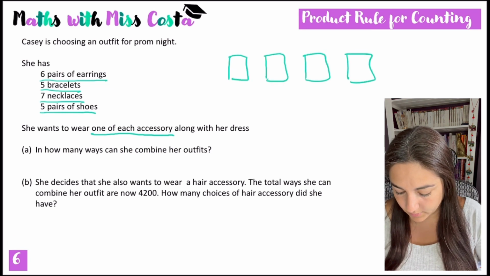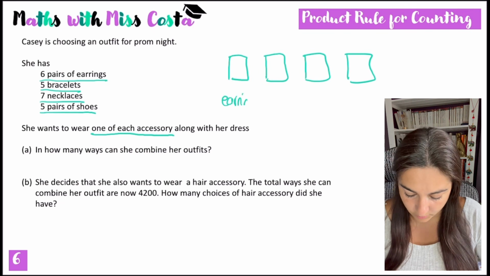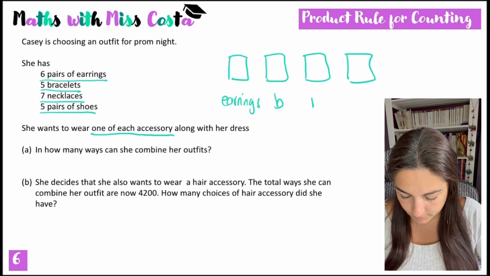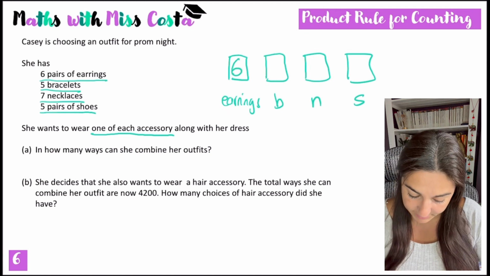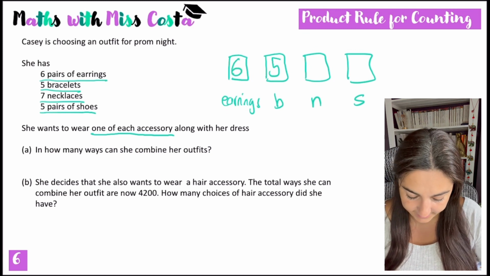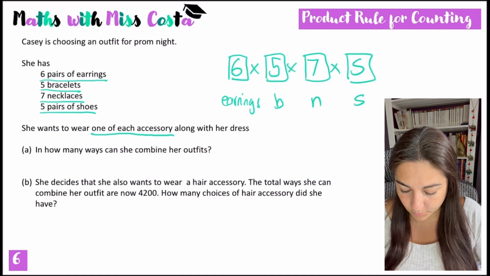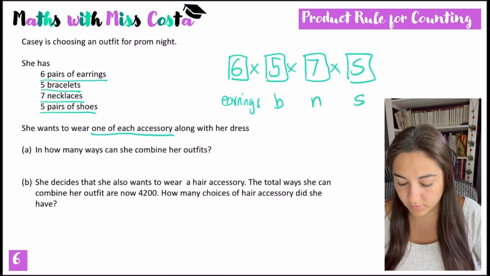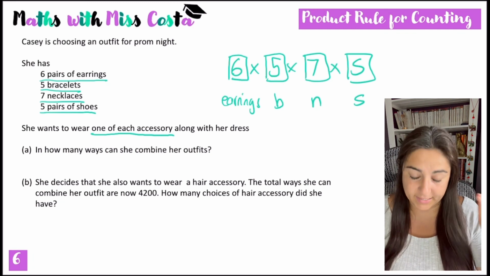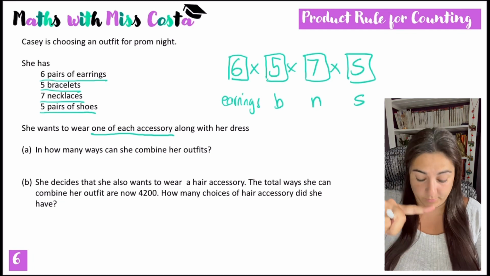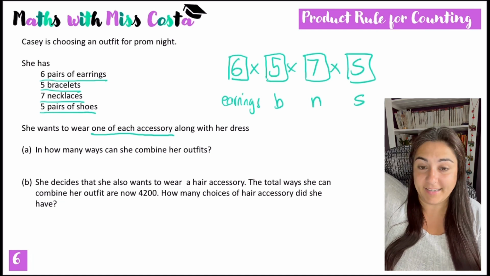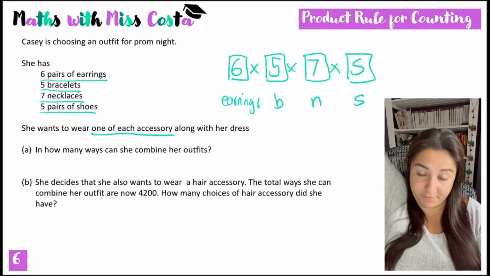1, 2, 3, 4. We've got earrings, bracelets, necklaces and shoes. Okay, how many types of earrings do we have? 6. How many types of bracelets? 5, 7 and 5. And all we do is we just multiply all of our options, because each of those 6 earrings could be combined with 5 different bracelets, and then from those 5 different bracelets, 7 different necklaces and 5 pairs of shoes.